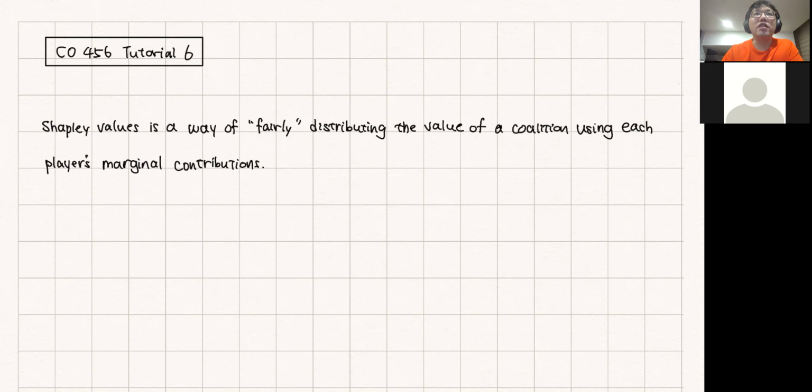Okay, so the official definition, it's a long one. So we're looking at the permutations.